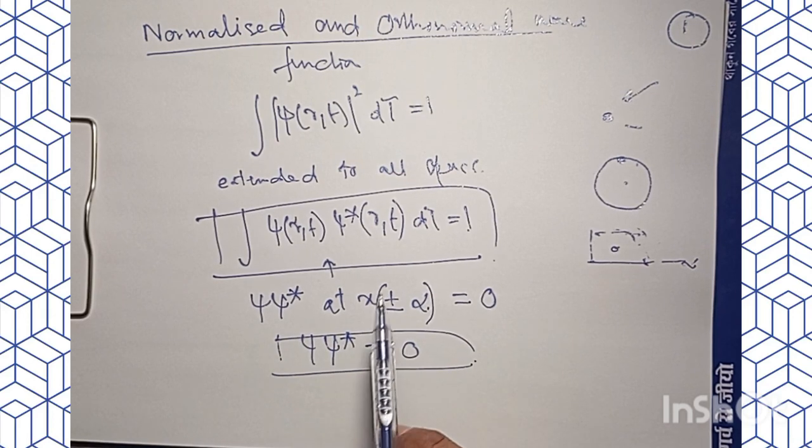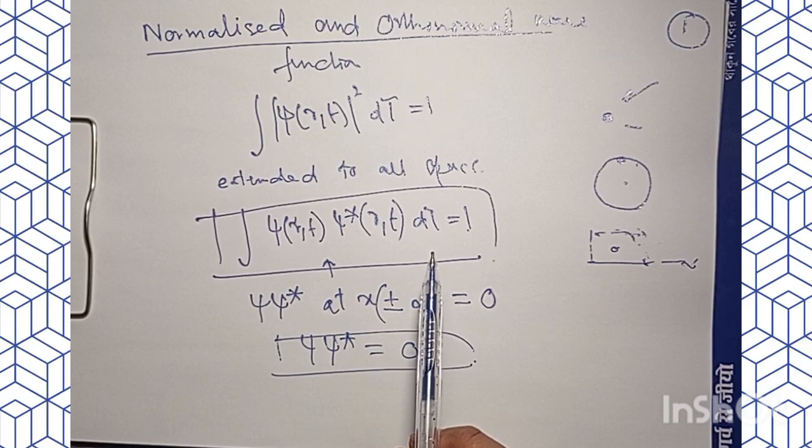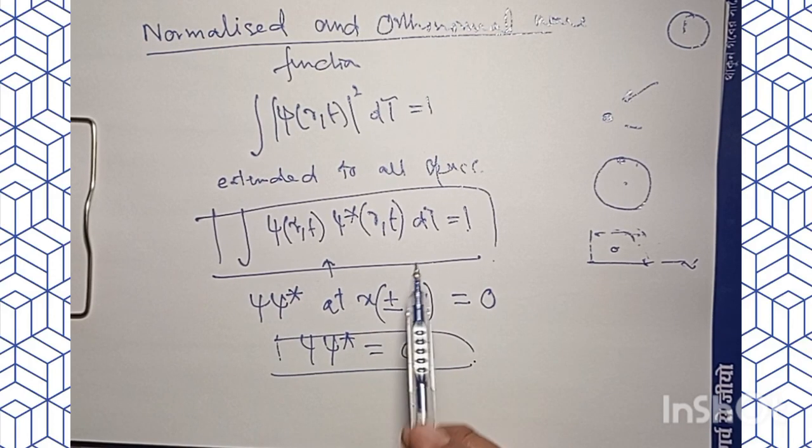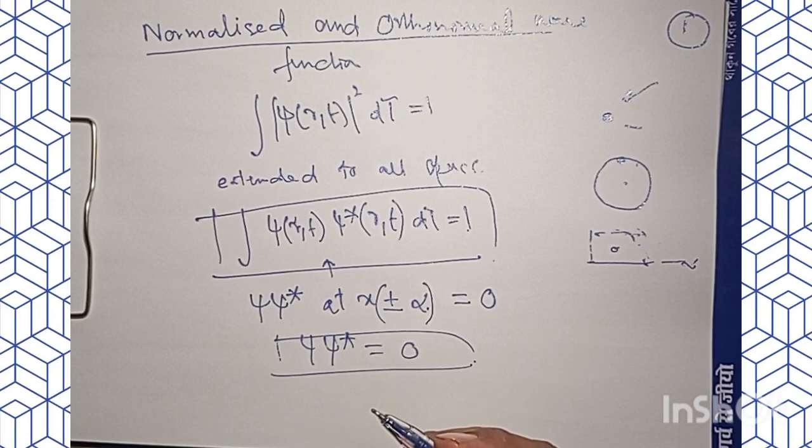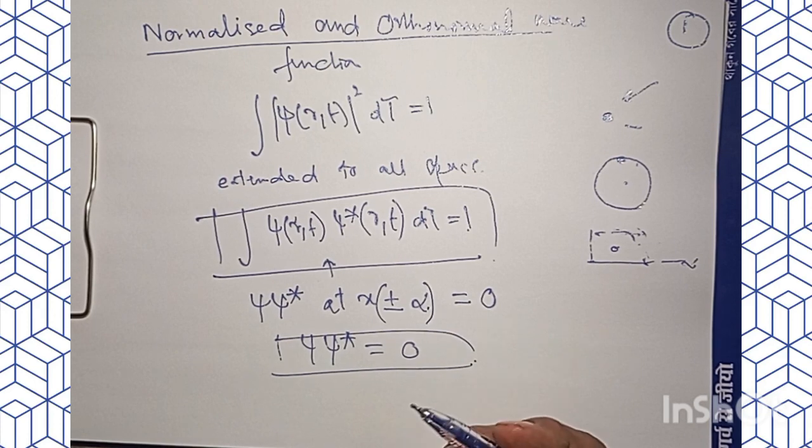Now, any solution of the wave equation may be normalized. We have a solution of a wave equation, and we can normalize that solution by multiplying or dividing by a constant. It can be easily seen that the result we obtain is also a solution of the wave equation.